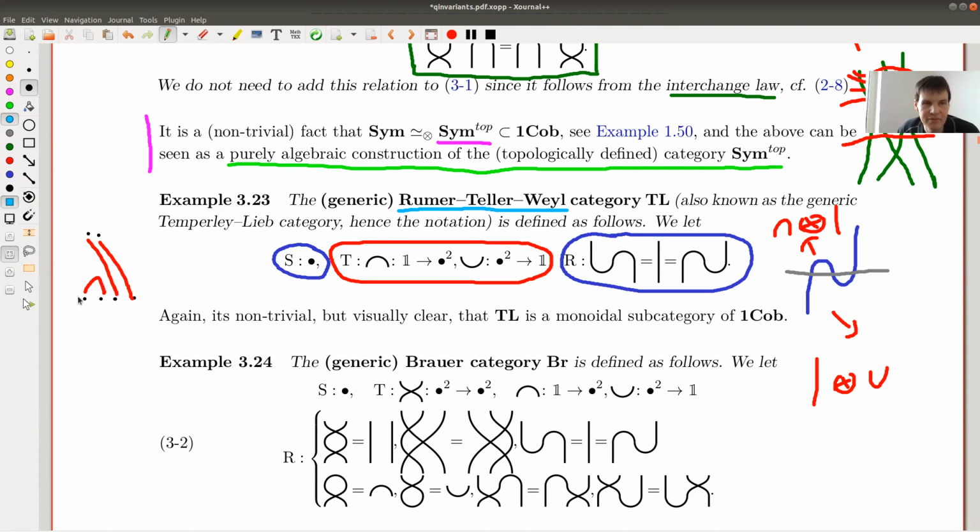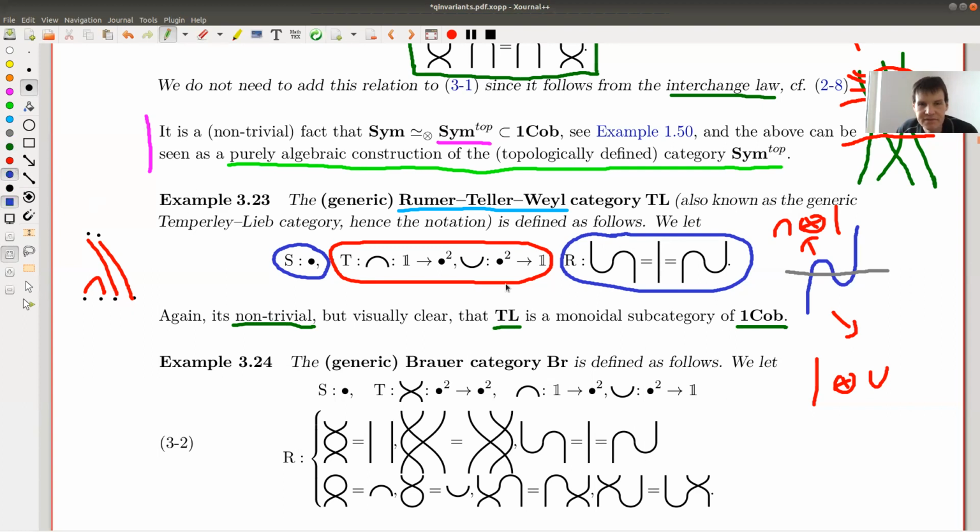You just have a certain number of dots at the bottom, a certain number of dots at the top, and you connect them in all crossingless ways. You don't have any crossings, but everything else is basically fine, under the non-trivial identification of this very slick description as a monoidal subcategory of cobordisms. So this just means that this relation implies basically all isotopies you can think of.